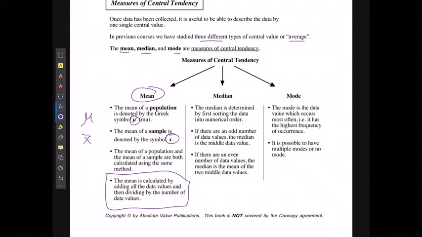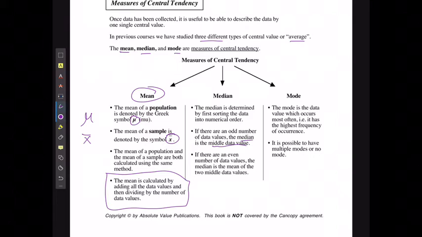The median is determined by sorting the data into numerical order. If there is an odd number of data values, the median is just going to be whatever the middle value is. So it's not actually the average, it's just listing out all of the numbers that came up and then finding the number that came up in the middle.